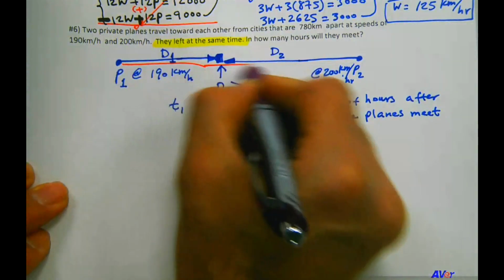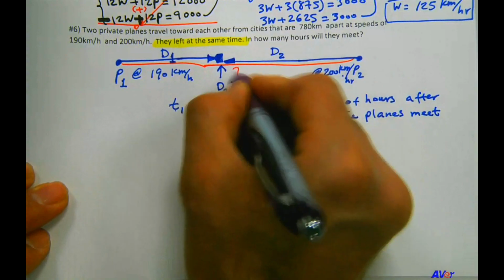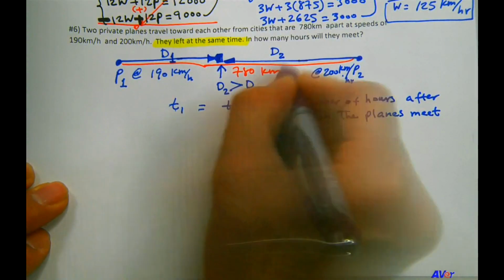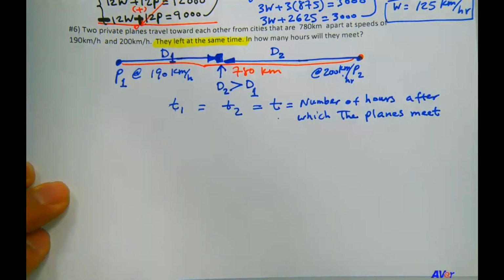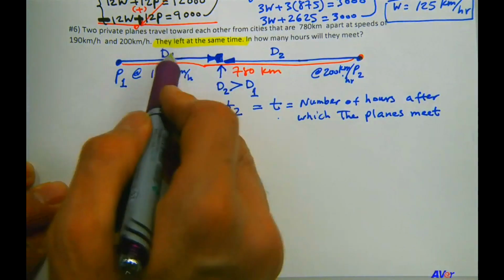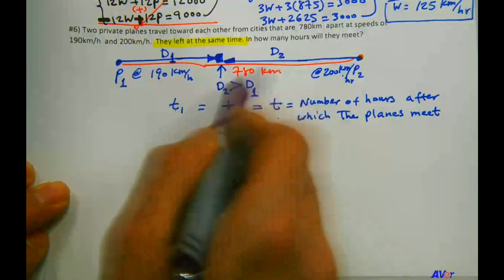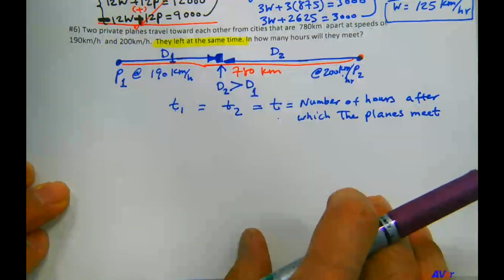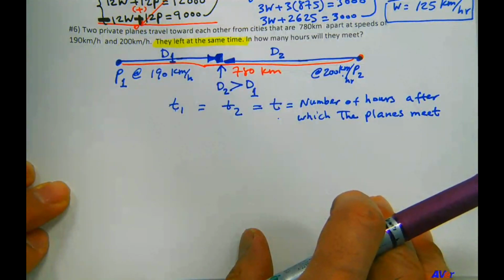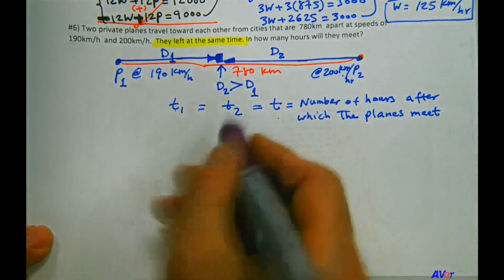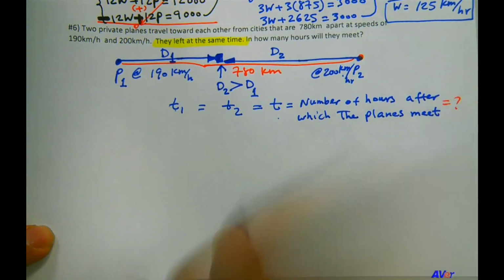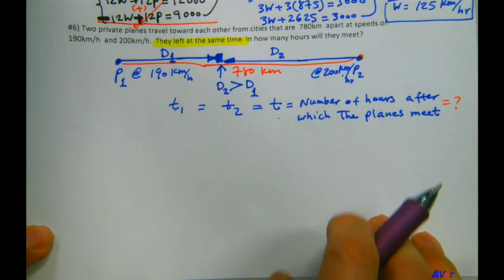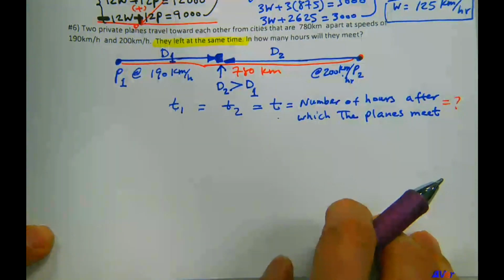That's the distance between city 1 and city 2. So D1 plus D2 is 780 kilometers, is what we're saying. Okay, so the time is what they're asking, how many hours they've been in flight before meeting each other in the air.